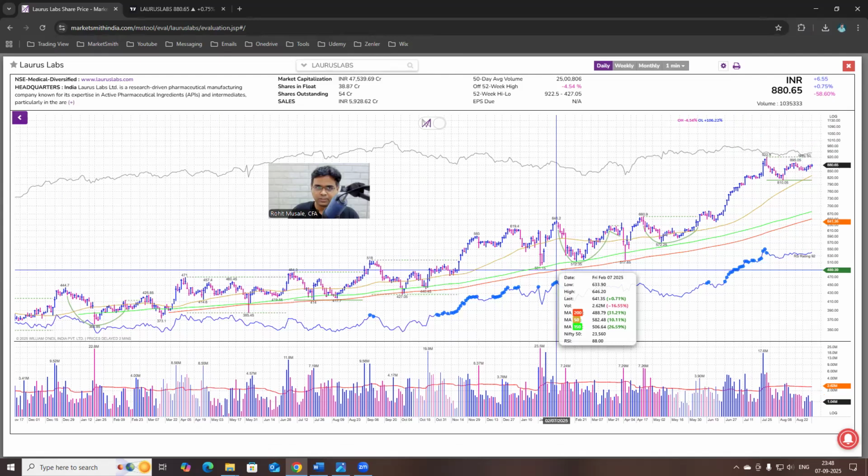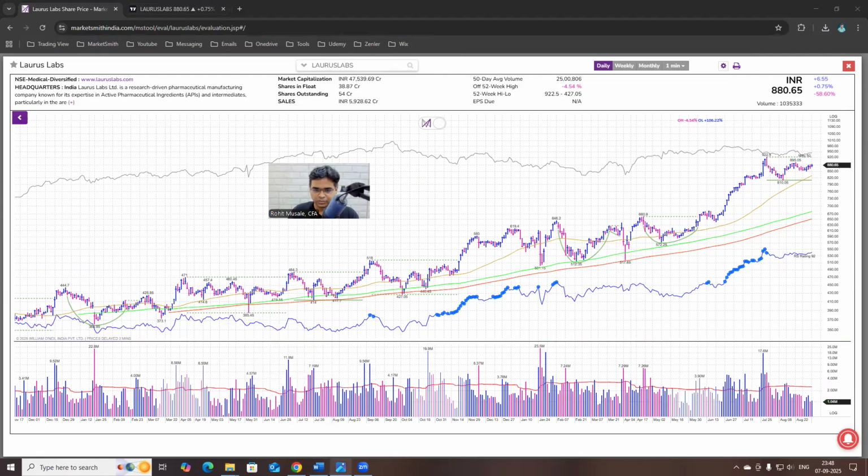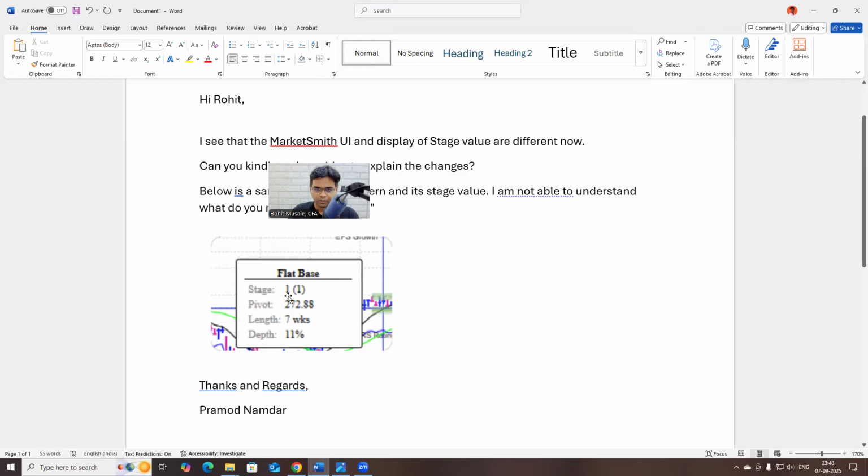Now, if you notice, I tried to research the bracket. I asked ChatGPT to look for MarketSmith literature. It couldn't give me an answer. So I do not know what this bracket means, but I suspect it is basically the count of the base since the stock began to make an up move as per MarketSmith.